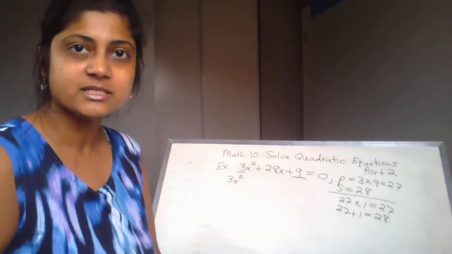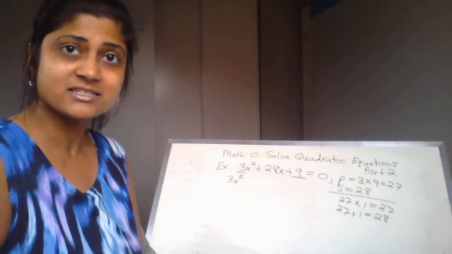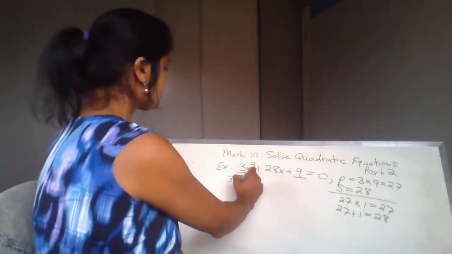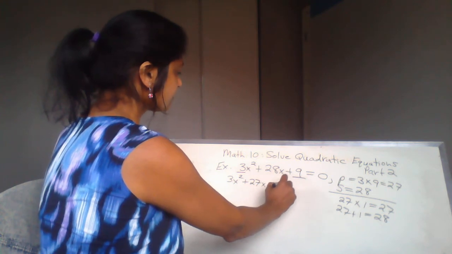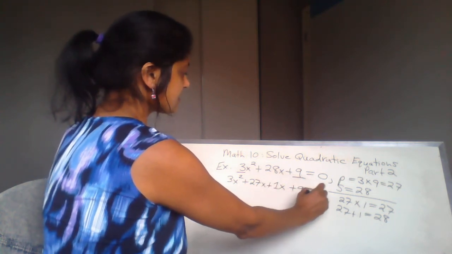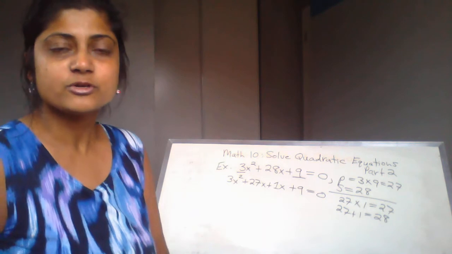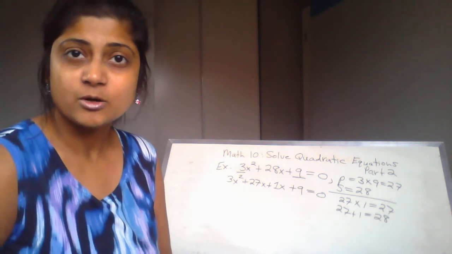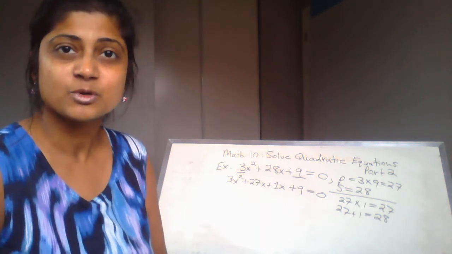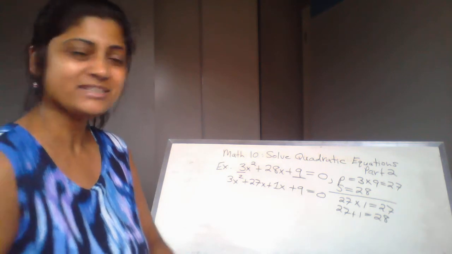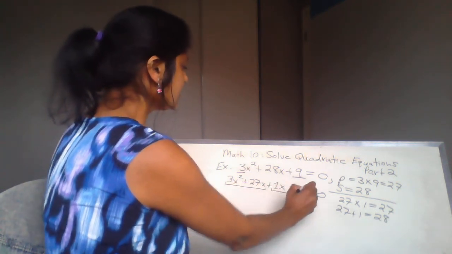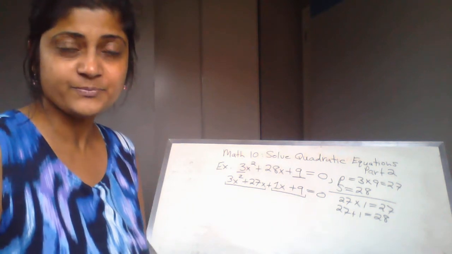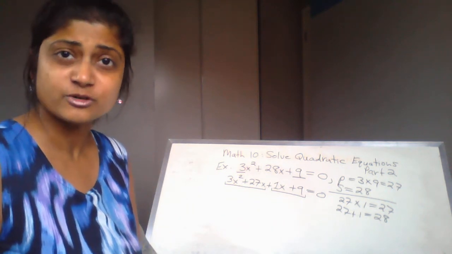We're going to keep the first term the same, and we are decomposing the 28x into our two factors. So we're using 27x plus 1x, and the 9 stays the same, equals 0. The first and last terms always remain the same, and I'm just decomposing that middle term. In this step, make sure you have 4 terms. I'm going to group them together and take out a common factor for the first two terms.